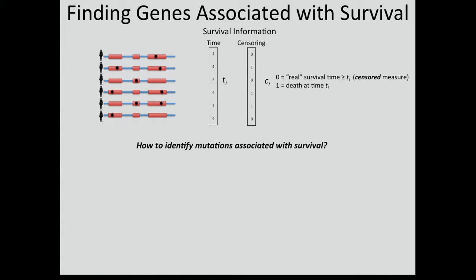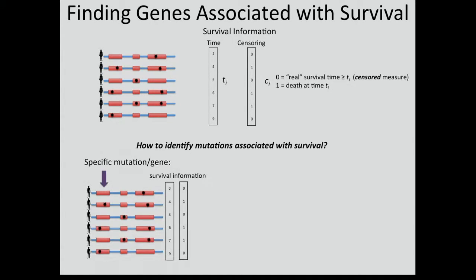So now, given the mutation data and the survival information, how can we identify the mutations or the genes that are significantly associated with survival? Well, by analogy with the case of finding driver genes in cancer, we can start from single gene tests. I can look at one specific gene and partition the patients into two groups, the patients that do not have a mutation in the gene and the patients that have a mutation in the gene.